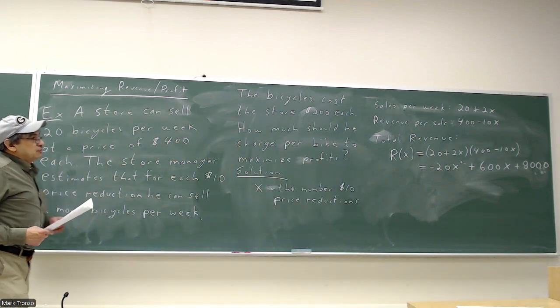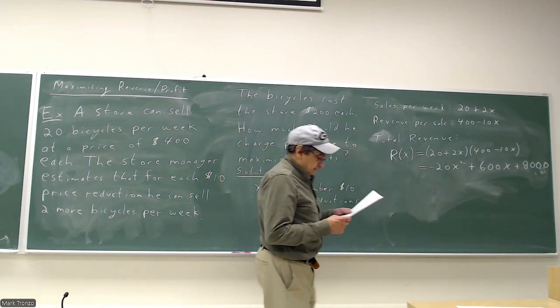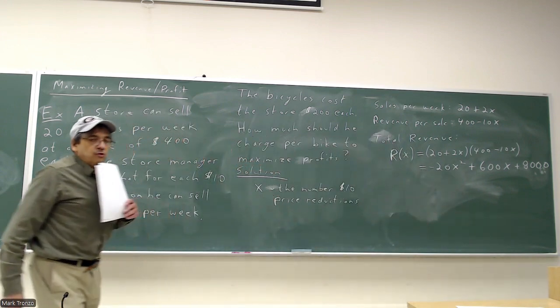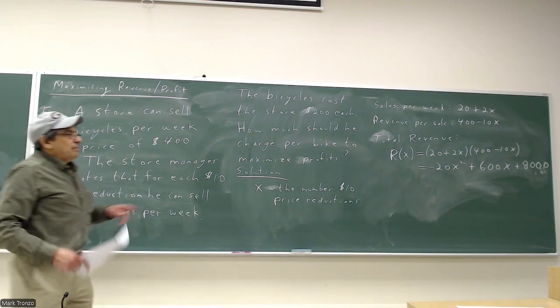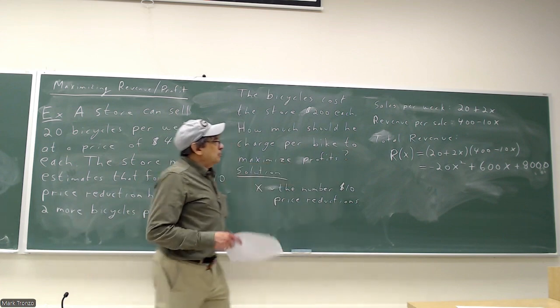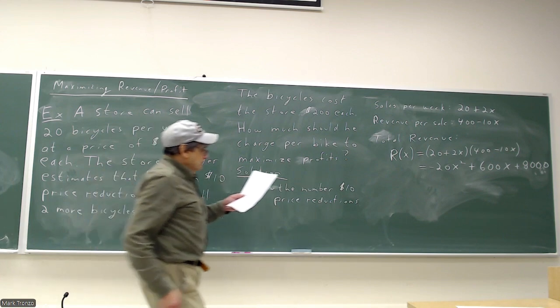If you can see that, minus 20x squared, plus 600x, plus 8,000. So again, if you wanted to maximize the revenue, just the amount you took in, you would maximize this. But this time we're going to step further and find out how to maximize the profit.